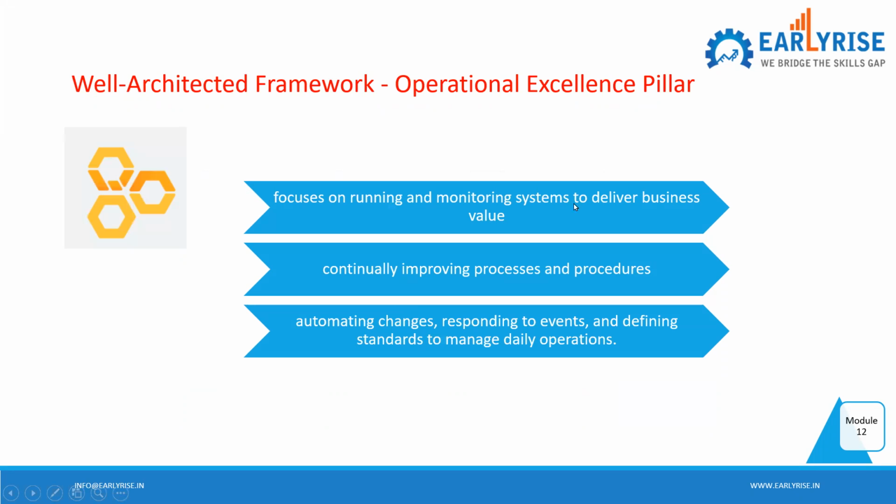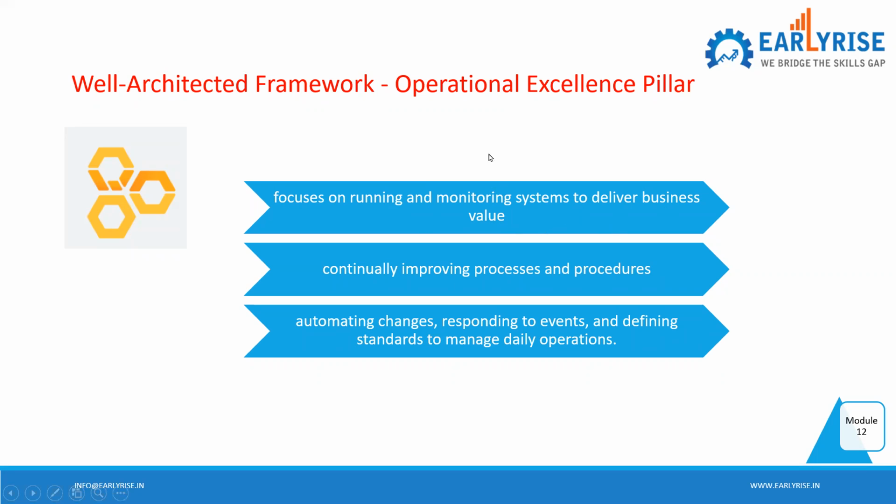So let's look at the operational excellence pillar. It focuses on running and monitoring systems to deliver business value. Whatever systems you have, you need to know how to run and monitor them. Otherwise, you will not come to know what is failing and what might fail. We should have some insight, and that insight comes only when we monitor something, correct?